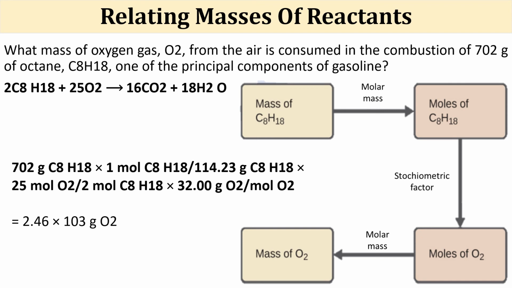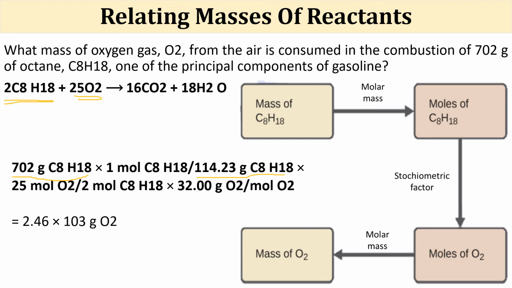So first times the mass of octane, which is given in the question, 702 grams of octane, times the molar mass, which is 114.23 grams, times the stoichiometric factor, which is 25 over 2.